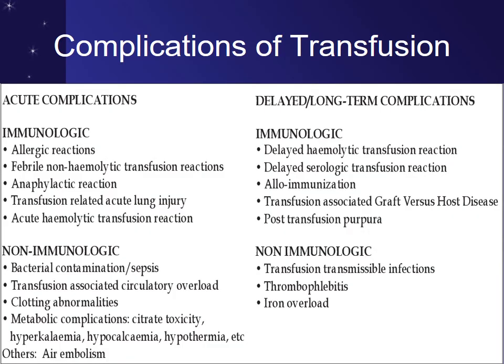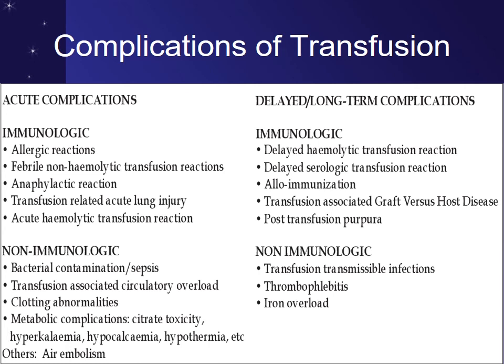There are many complications associated with blood transfusions. Those can be largely subdivided into acute and delayed complications. Both these groups can again be subdivided into immunologically mediated and non-immunologically mediated reactions. Examples of acute immunologically mediated reactions are allergic reactions, febrile non-hemolytic transfusion reactions, hemolytic transfusion reactions, anaphylactic reactions, and TRALI, or transfusion related acute lung injury.